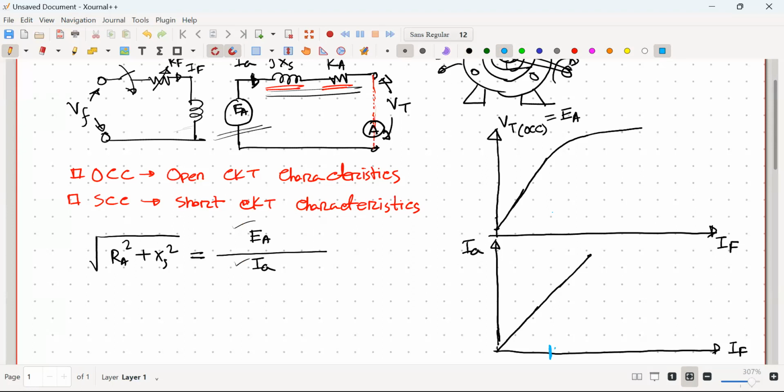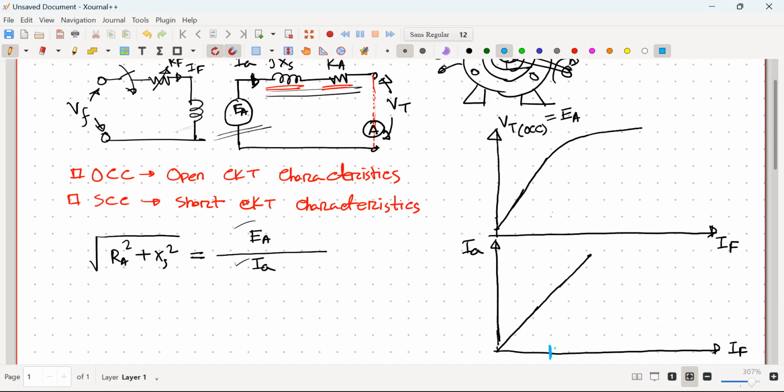Any question? Sir, could you explain again why we cannot go up to the saturated current? Because if we keep increasing IF, IA will be increasing. What is the maximum? Current may damage your windings if it goes beyond a certain value.